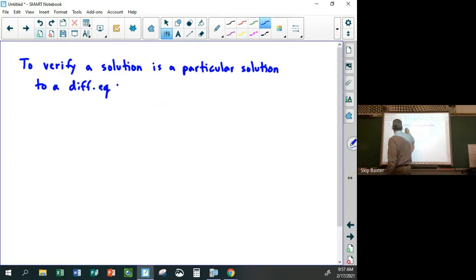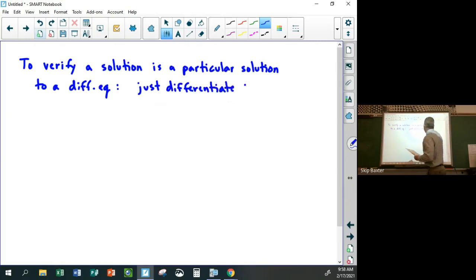What are you supposed to do to it? No, you differentiate it, right? Because a differential equation is a derivative. If you get an equation and you want to verify that this is a solution to this differential equation, you take its derivative and make sure you get the same thing, right? So like, for example, they might say something like, so just differentiate and do algebra.